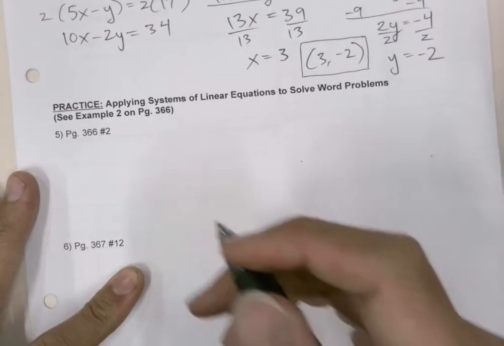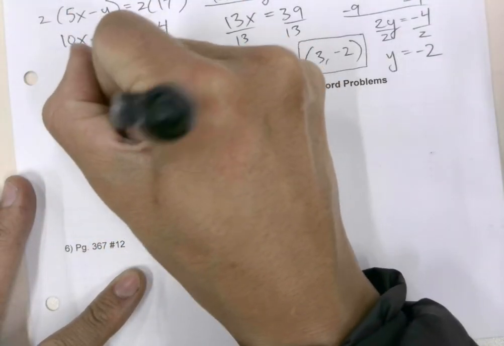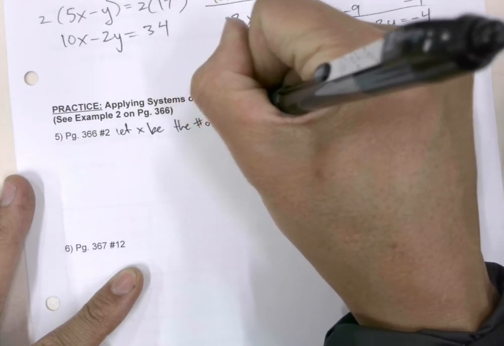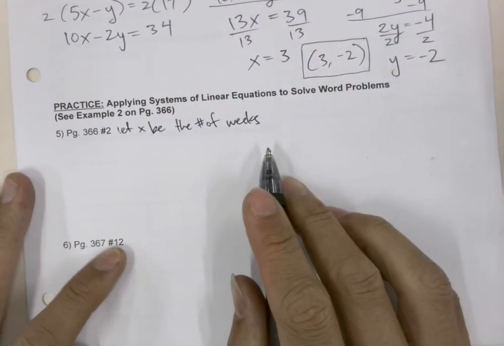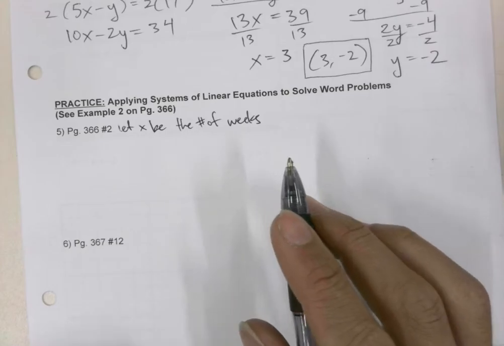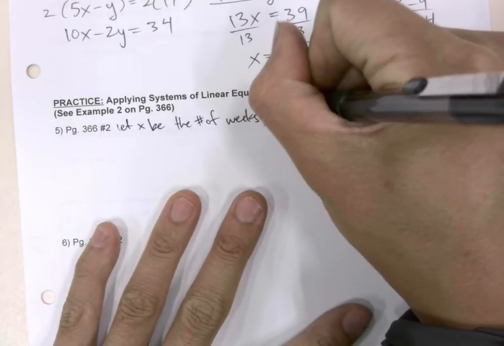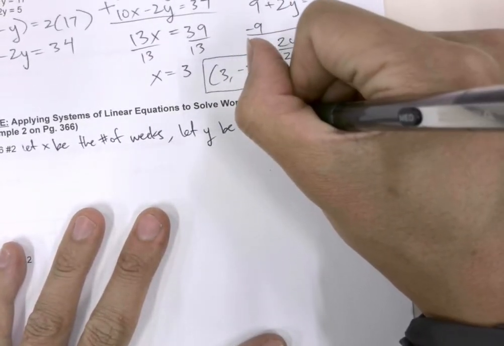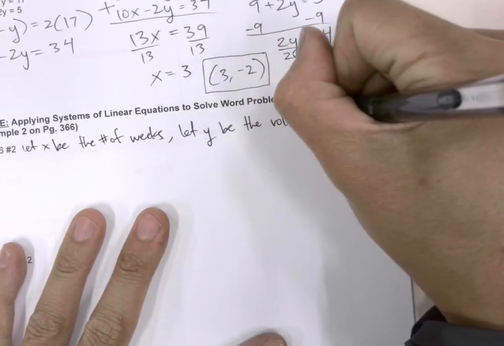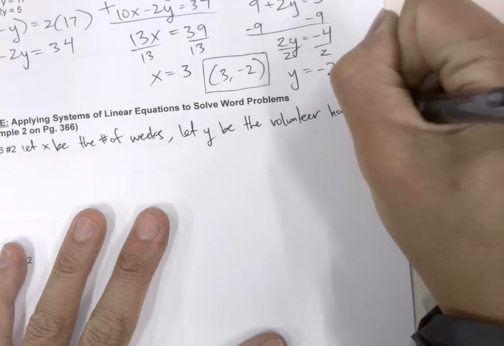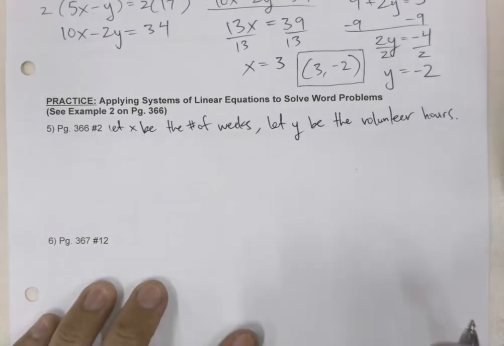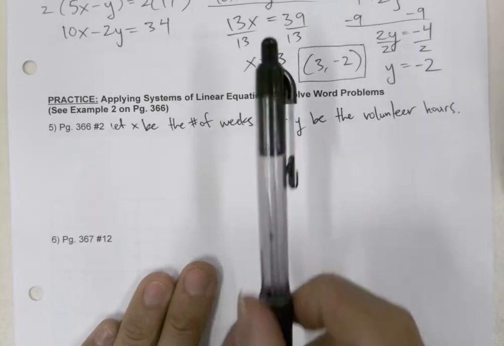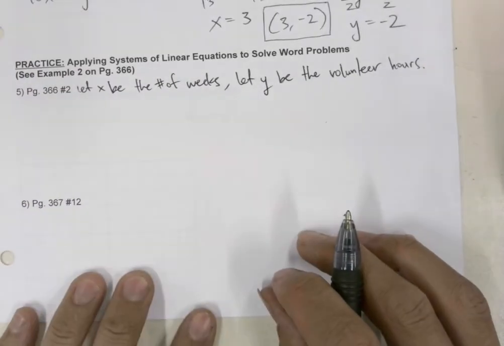So let us say, let x be the number of weeks, and let y be the volunteer hours. So our x-axis is the number of weeks, and the y-axis is our number of hours.